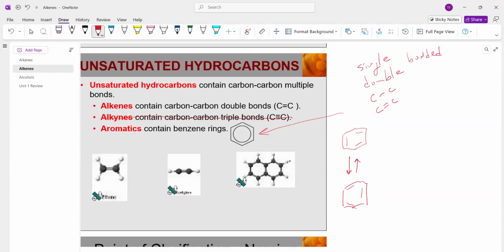Now, the thing about double bonds versus single bonds, single bonds are more stable than double bonds. Hence, double bonded compounds are more unstable than single bonds. So the saturated hydrocarbons are more stable than the unsaturated ones.